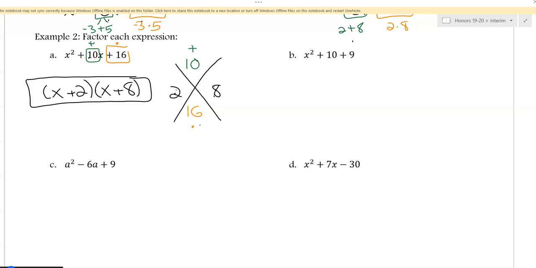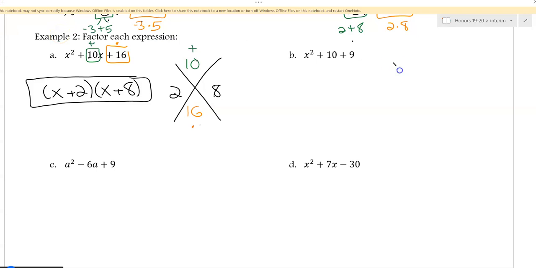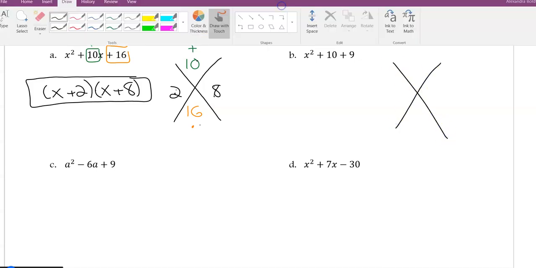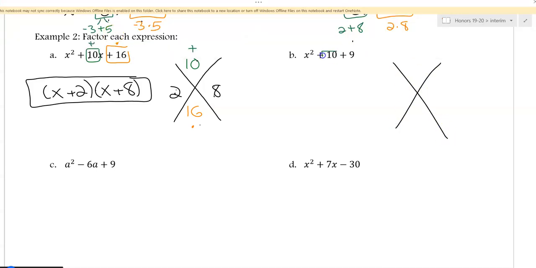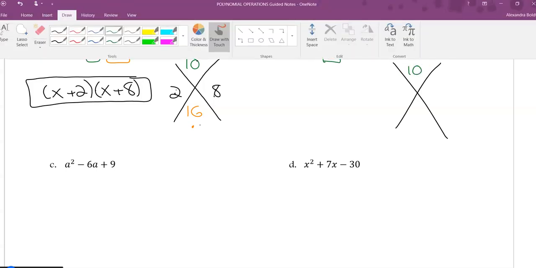So what are things that multiply to 9? Well, one of the first things that comes into my mind is 3 times 3. But if I put a 3 and a 3 here, 3 plus 3 is not 10. So I have to think of another multiple. So 1 times 9. 1 plus 9 is 10. 1 times 9 is 9.